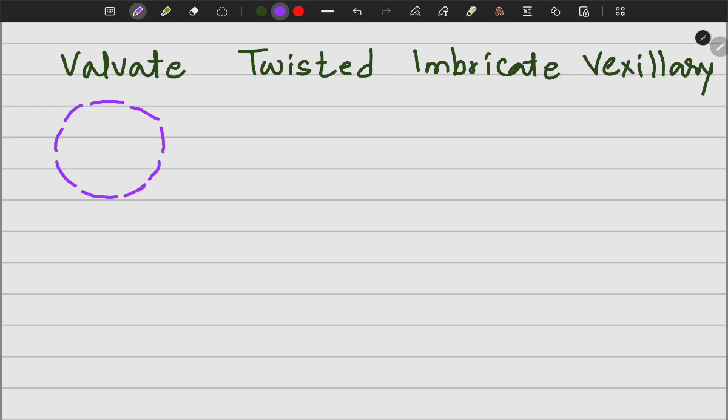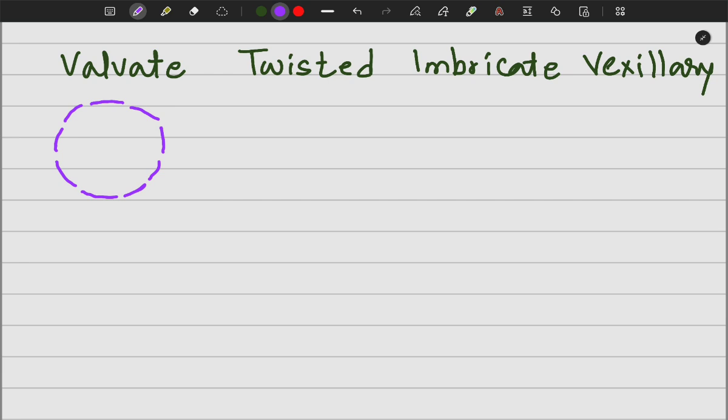Such type of arrangement is called valvate aestivation.